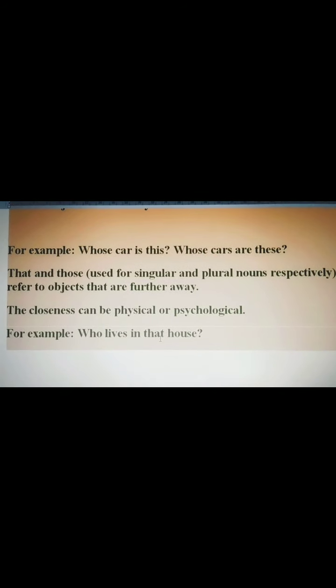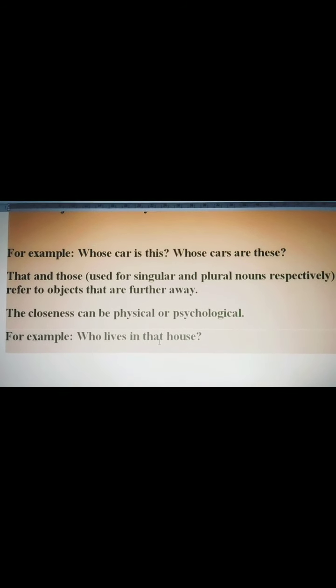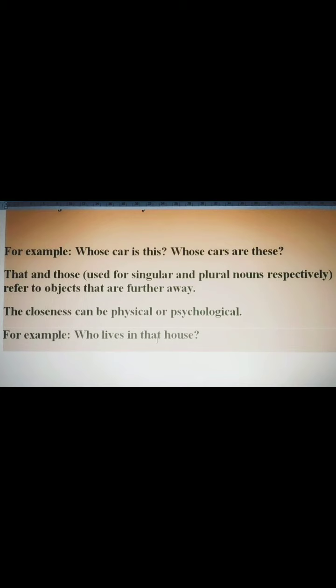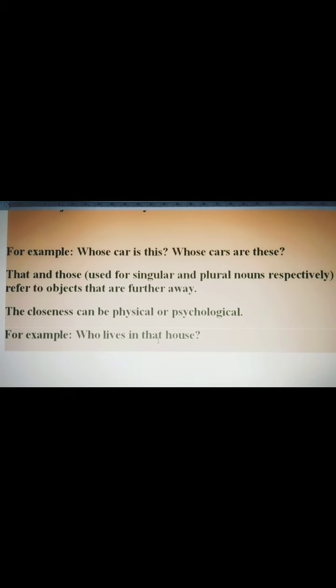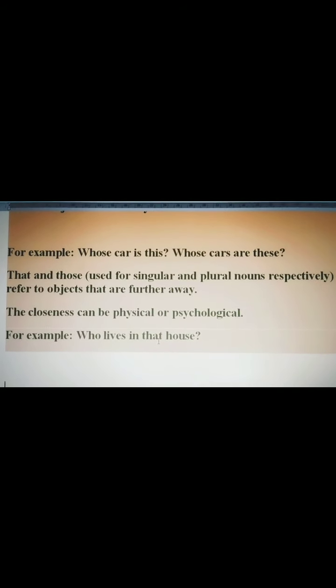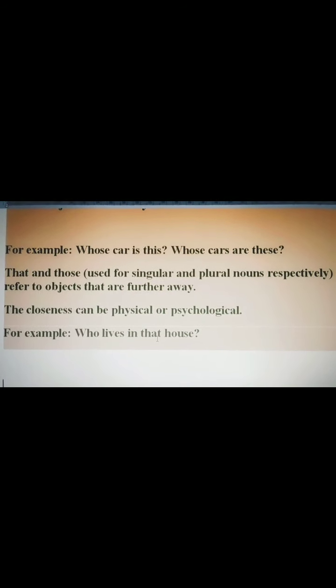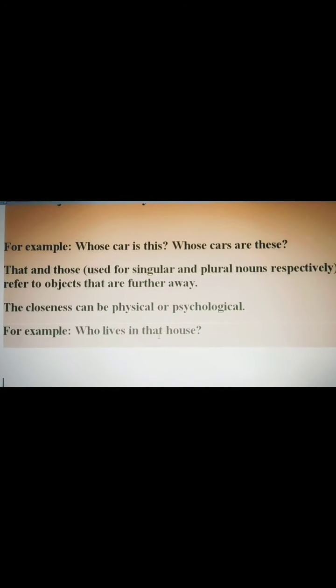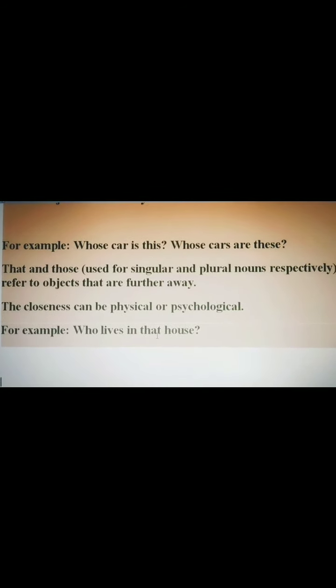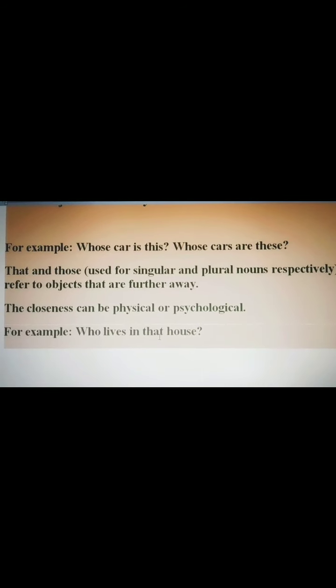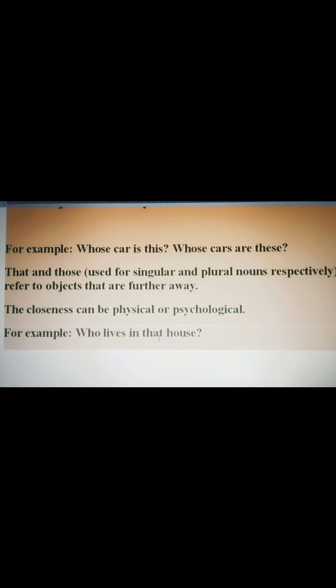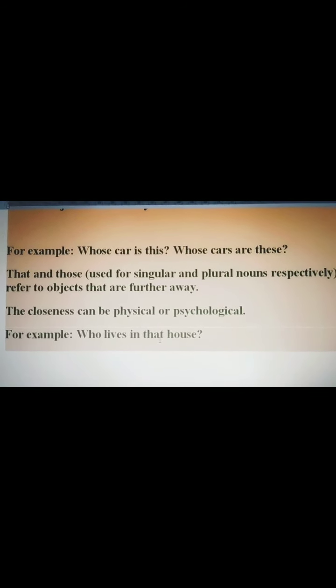And the closeness you are talking about here can be physical or psychological. In both cases you are using this or these, or that or those. Whenever you are talking about closeness, if it is nearby or far away, in both cases, psychological as well as physical, you will accordingly use these words.